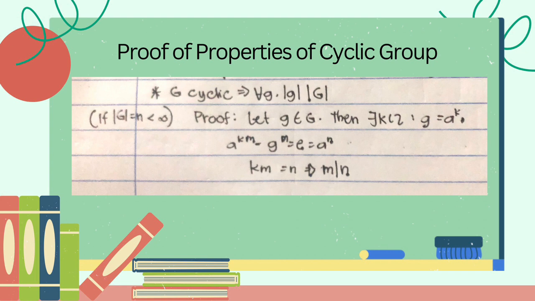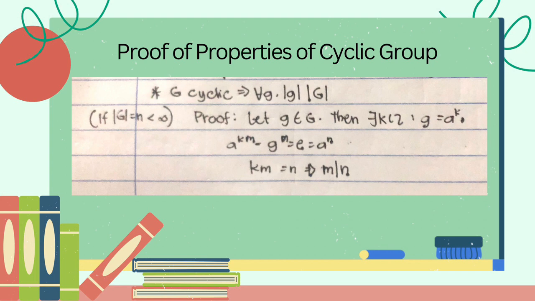Now, if I read this expression from the left side to the right side, the exponents on my A's are the same. The K times M exponent of A is equal to the N power of A, and therefore K times M has to be equal to N. Since K, M, and N are all integers, this shows that M is a divisor of N. Actually, it was M, sorry, that's a typo, but that is exactly what we're trying to prove.